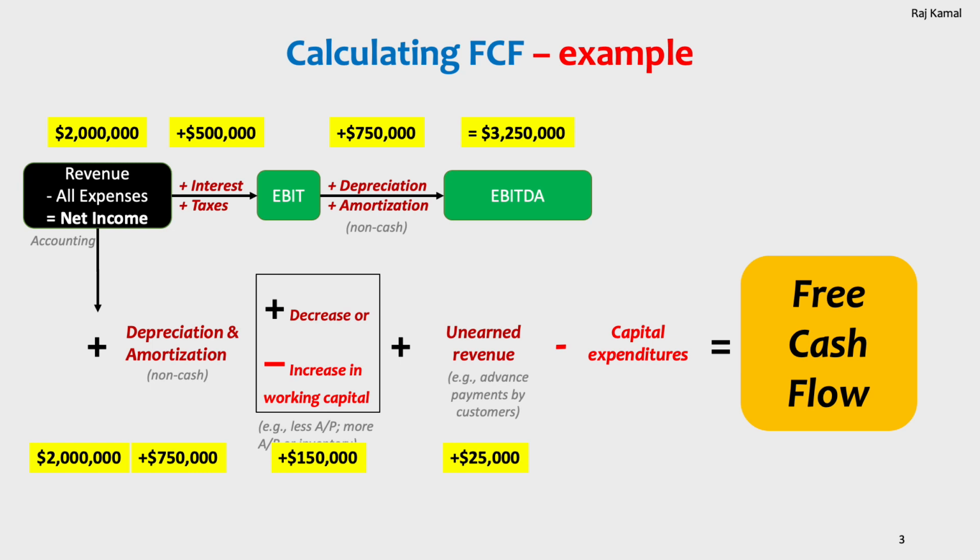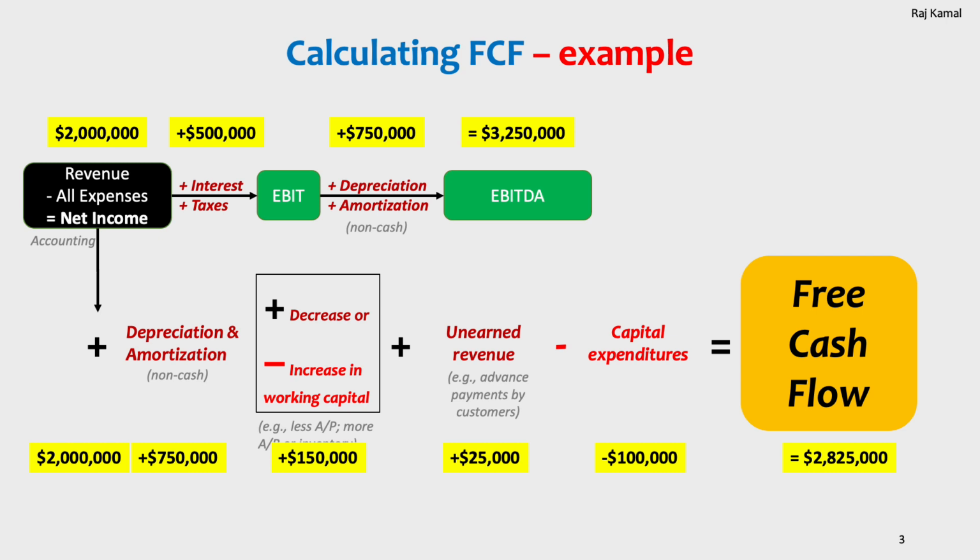For example, maybe lower inventory or lower accounts payable. Plus unearned revenue of $25,000, which could, as an example, be advance payments made by customers, minus capital expenditures of, let's say, $100,000. When we add all of these up, we get the free cash flow of $2.825 million.